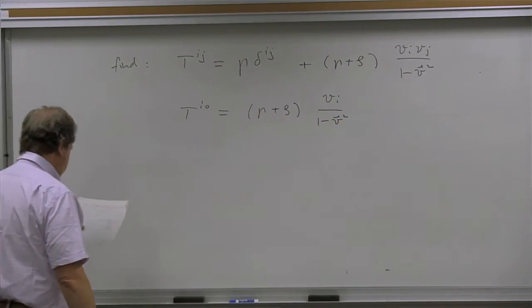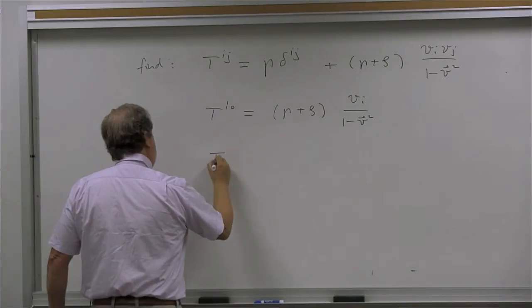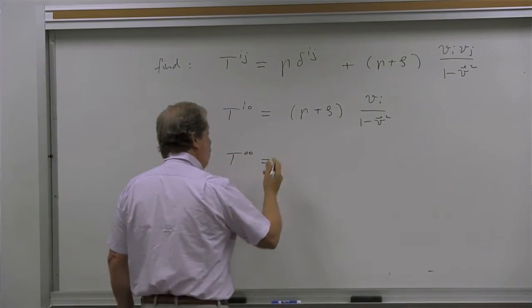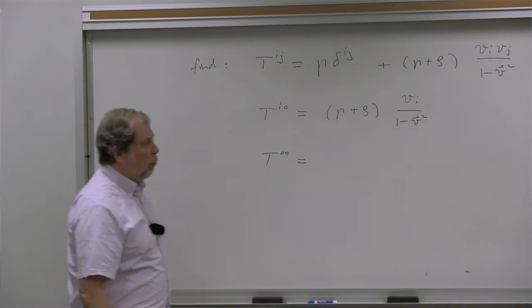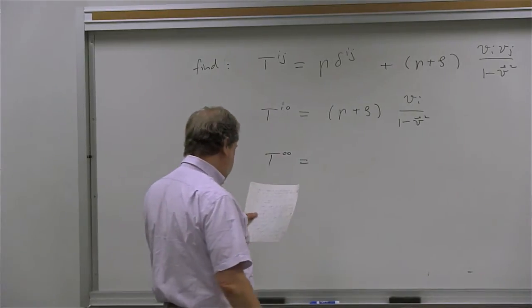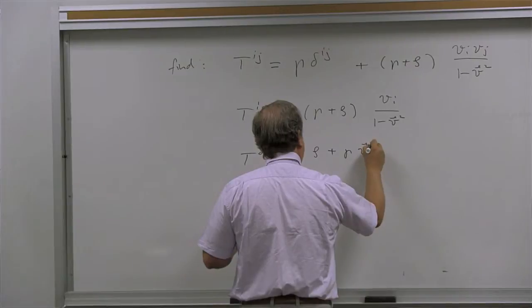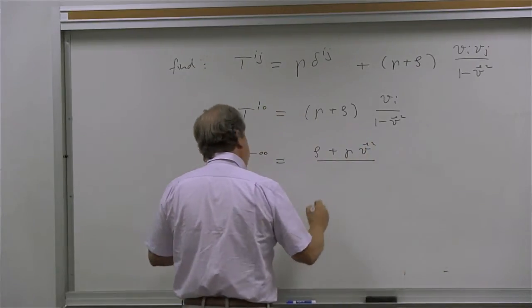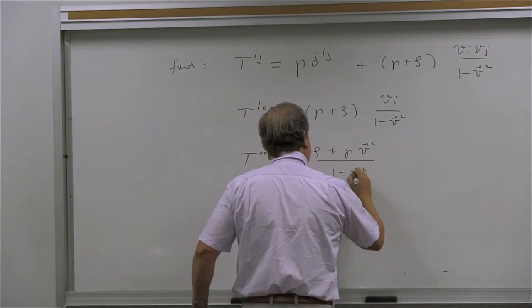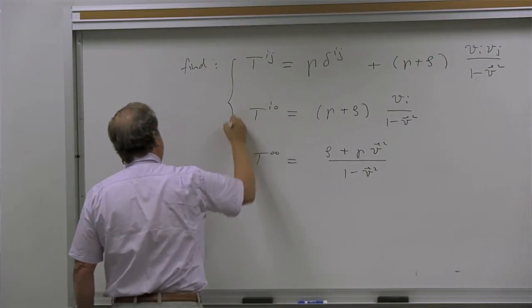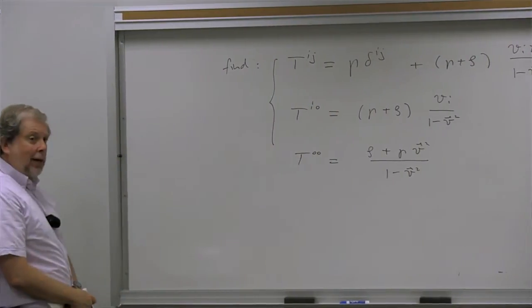Okay. And then we have also the T00. So the T00 started out to be just rho. Again, now we have to do the matrix multiplication twice, and it becomes (rho plus P v squared) divided by 1 minus v squared. Right. So that is what we get.